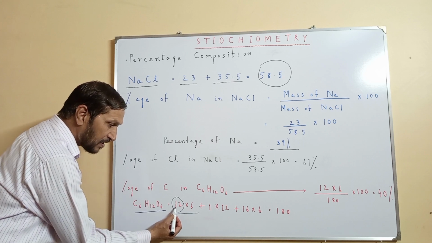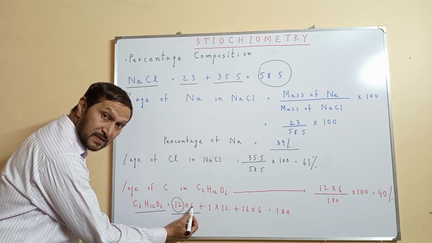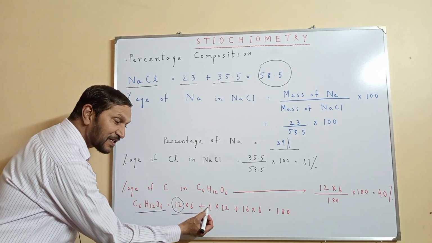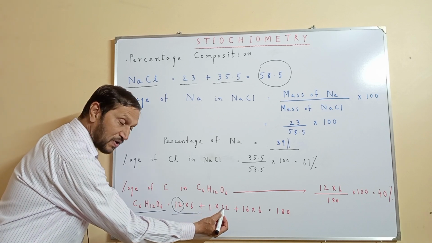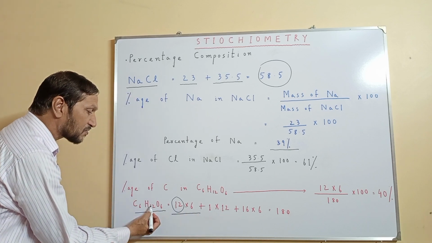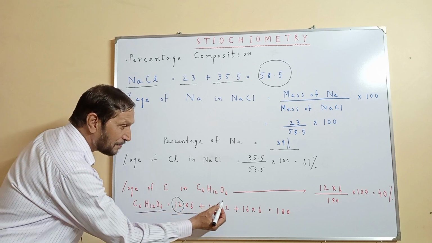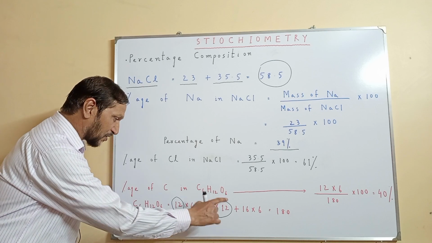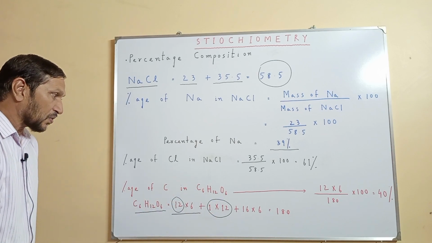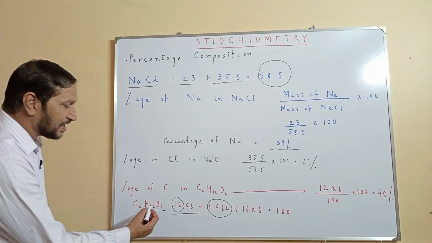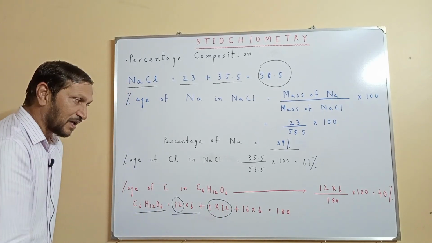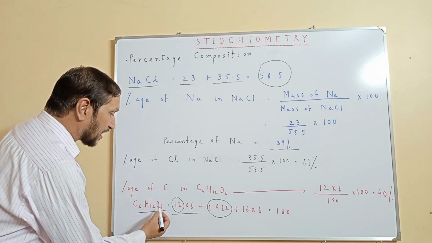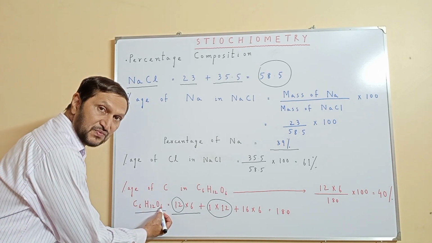So the atomic mass of carbon multiplied by 6, plus, now come to hydrogen: the atomic mass of hydrogen is 1, multiplied by 12. Why multiply by 12? Because there are 12 hydrogen atoms. So this is the portion of hydrogen. Now come to oxygen. The atomic mass of oxygen is 16 and I multiplied 16 by 6, because there are 6 oxygen atoms in this formula.